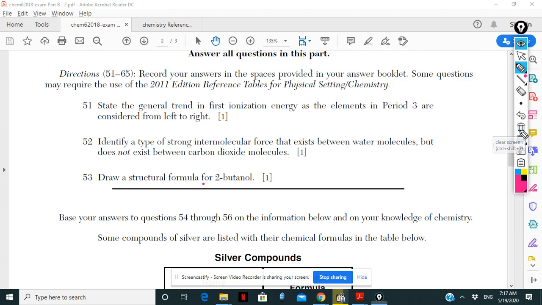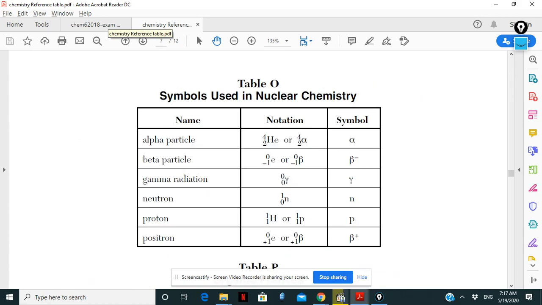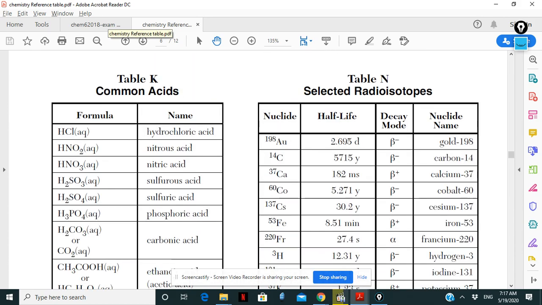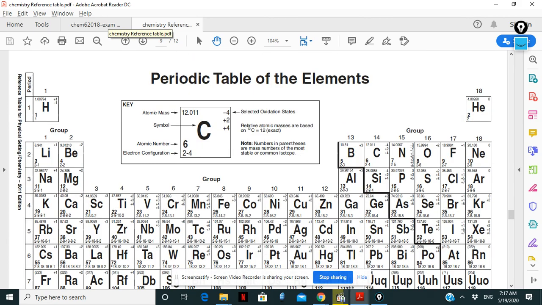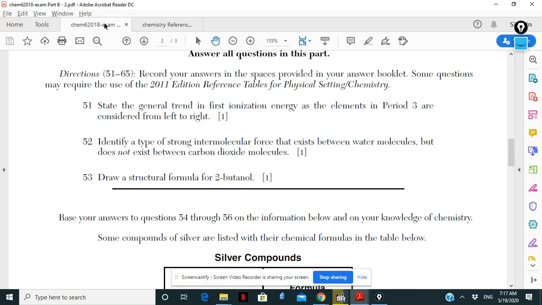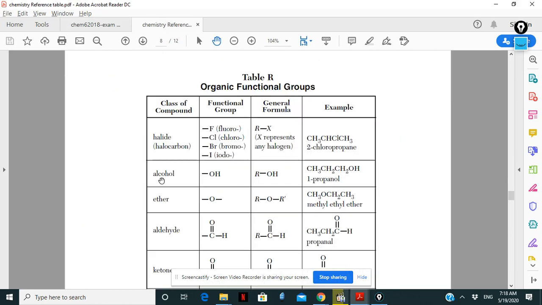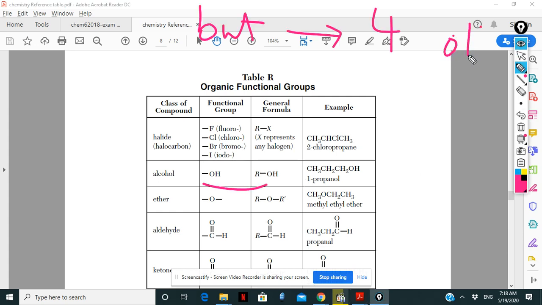There was a structure for 2-butanol. If you're looking at the reference sheet, "but" means 4, and "ol" means alcohol, so I know I have OH.